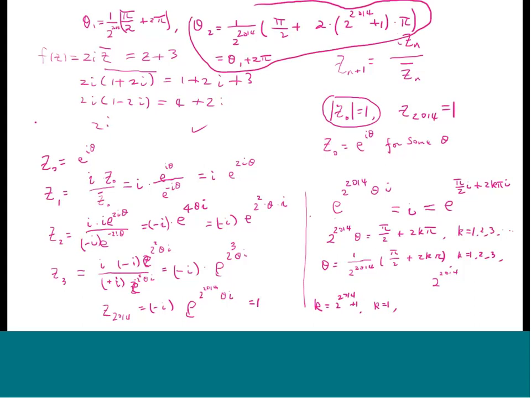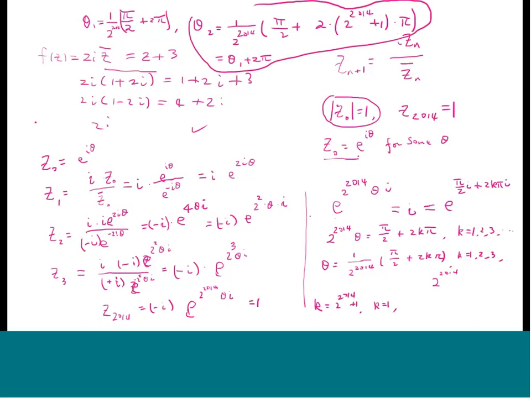You are talking about how many z 0, right? So if you go another round, 2 more pi, that gives the same 0. So you have that many solutions. So in total you have 2 to the 2014 solutions.